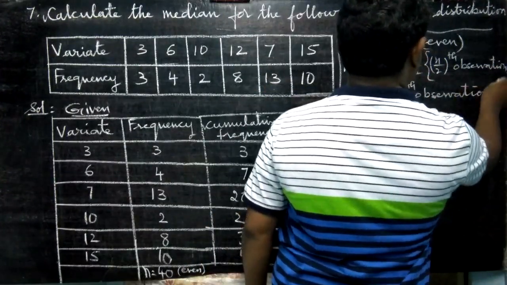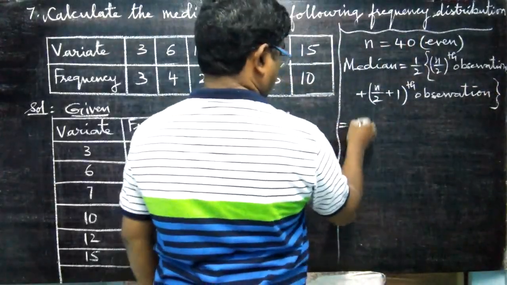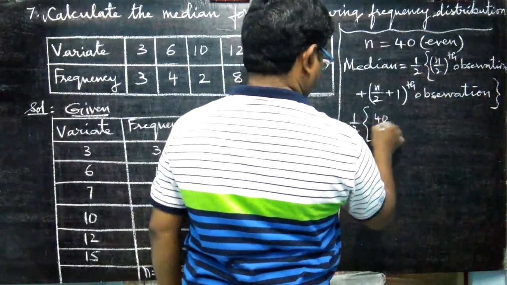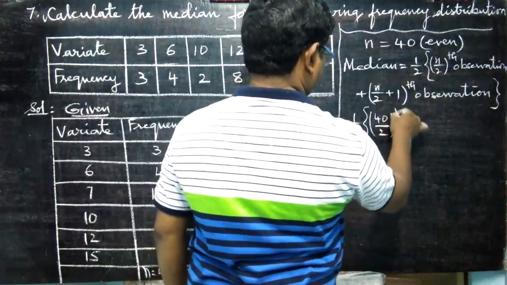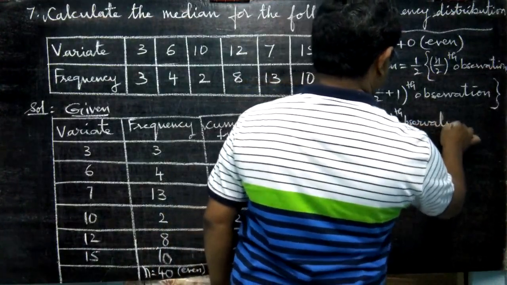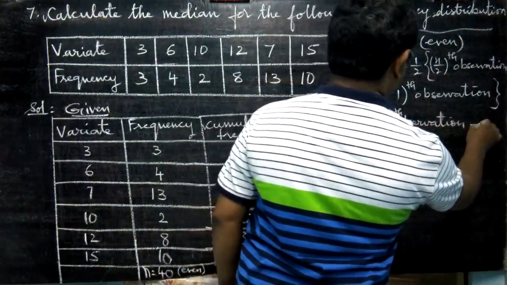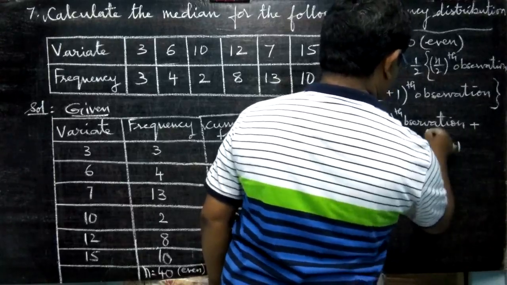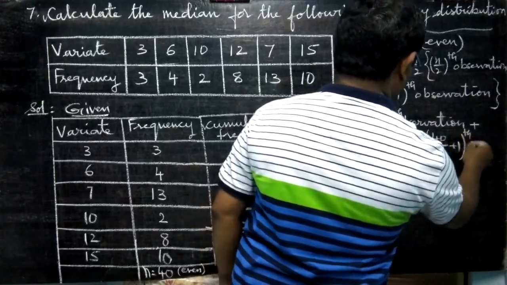n means how much? Half of the (40 by 2)th observation plus the (40 by 2 plus 1)th observation.